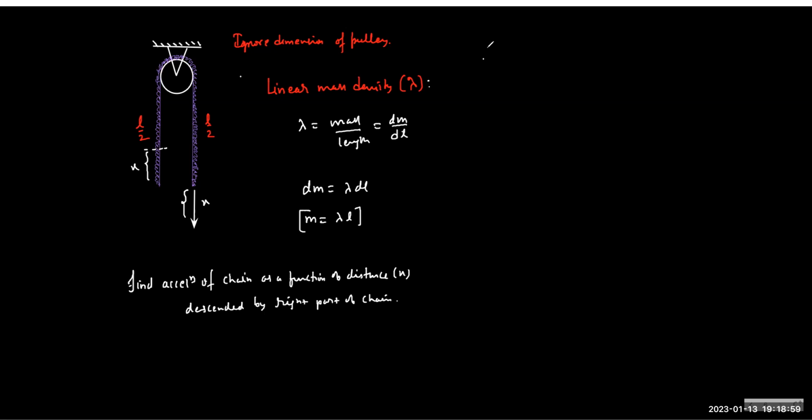And then give me the acceleration, and also find the velocity of the chain as a function of x. Keep your eyes and brain both open. Think carefully, attempt accordingly.